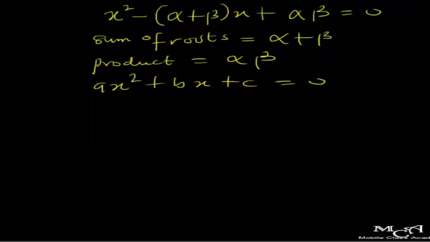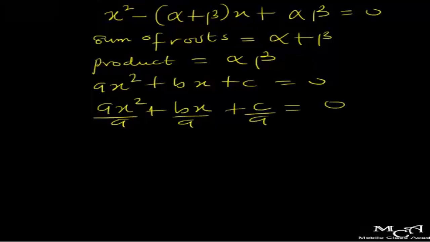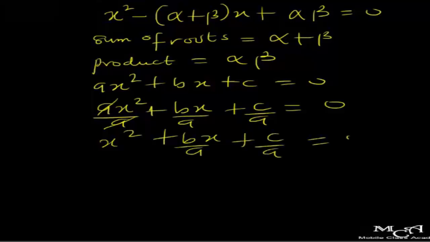If I divide through by a, I have ax squared divided by a plus bx over a plus c over a equal to 0. So a cancels a. We now have x squared plus bx over a plus c over a equal to 0.